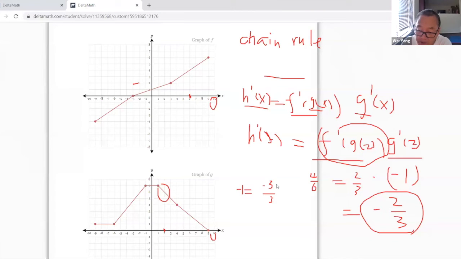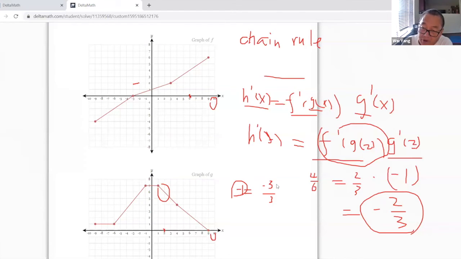The derivative of this line is just its slope. Say when x increases 3, y decreases 3. So the slope of this line is -1, meaning the derivative of g at x equals 2 equals -1.